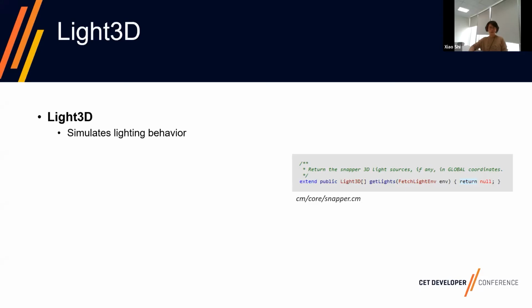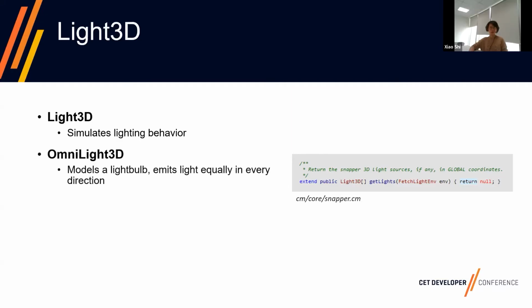So talking about Light3D, we have several types of Light3D. I just briefly listed the ones you should be more interested in. This one is called OmniLight3D. It's just like a point emitting light equally in every direction. You can imagine a light bulb in real life, which is basically the same behavior.